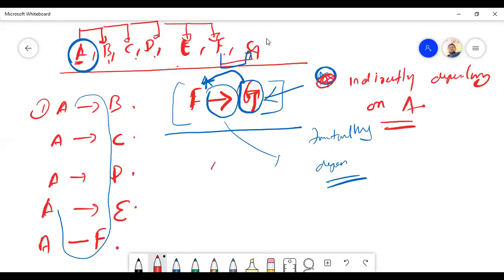So you can see this one, A, B, C. Now I'll draw it.